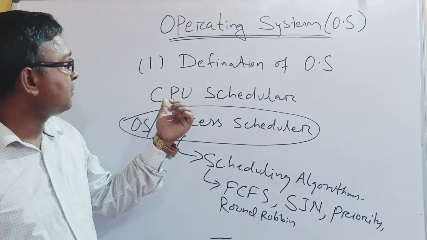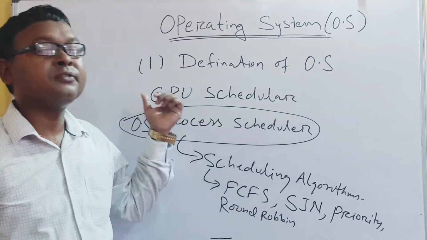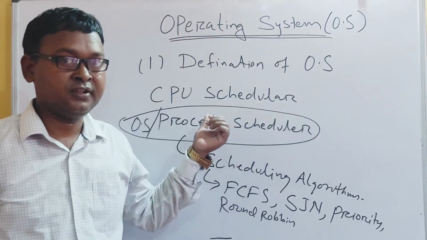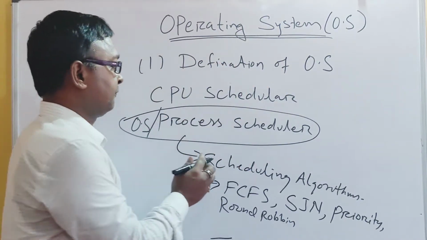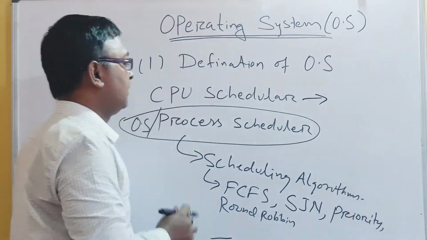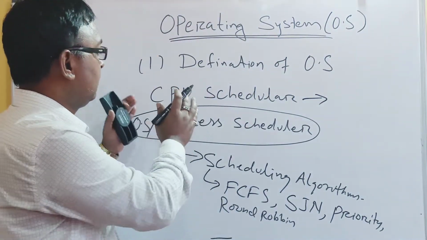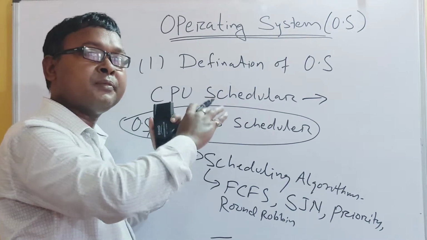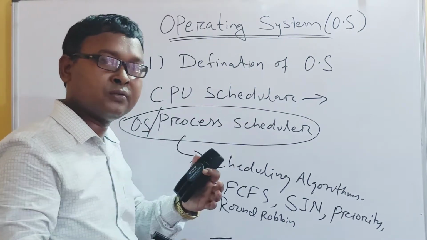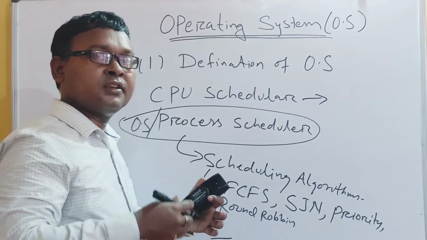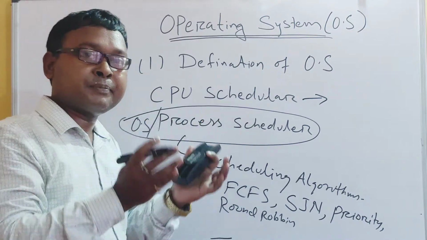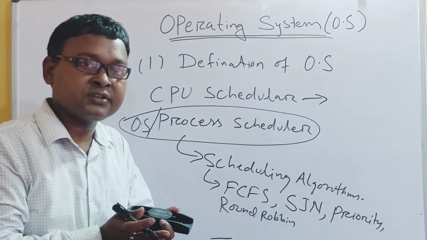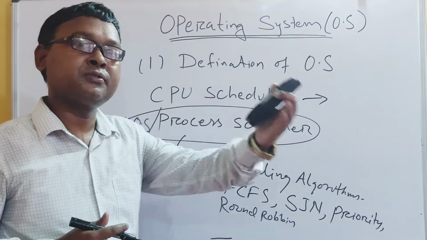Inside the processor, the CPU scheduler will take care of things. The processor can be dual core, quad core, octa core. According to the capacity of the processor you have used, the processing speed will be fast.